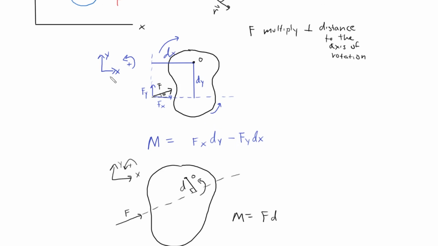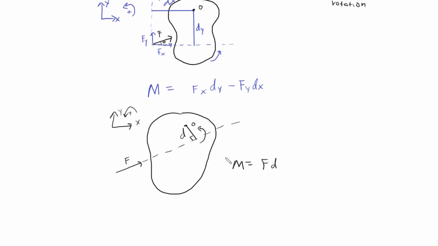And then we also define a right-hand coordinate system, so the axis of rotation that is positive points counterclockwise. And then you could make it even simpler in terms of an equation by using the line of action of the force and finding one perpendicular distance to solve the scalar quantity of the moment. And again, you have to understand which way is positive and which way is negative by imagining how the force will interact with the object itself.